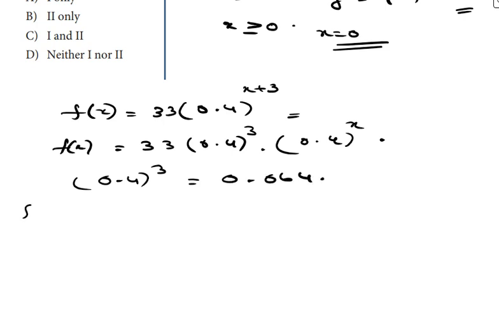So f(x) is equal to 33 times 0.064 times (0.4)^x.